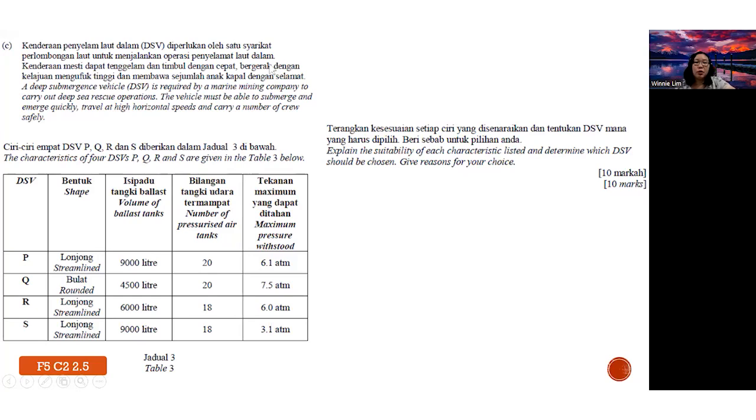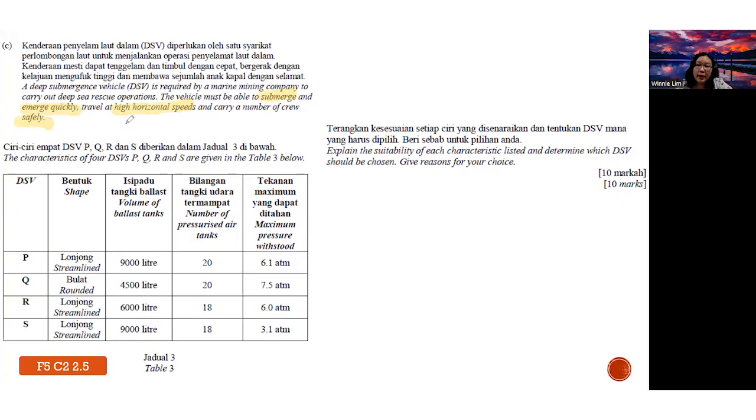Now, when you read through these questions, it's good that you highlight those keywords also, in the sense of what you want this vehicle to do. They want to submerge, emerge quickly, and then high speed, and then carry safely.